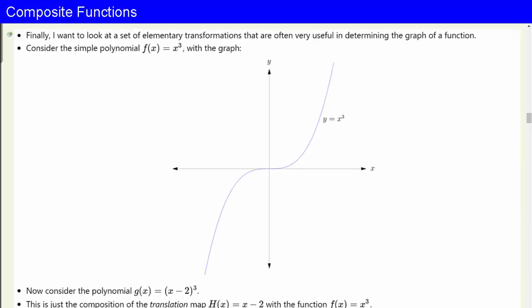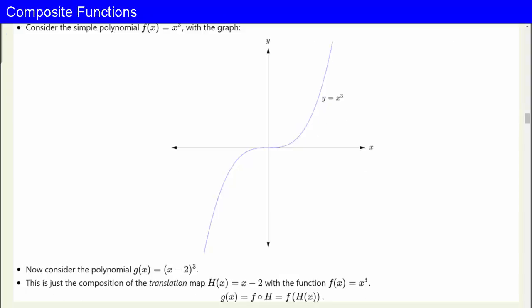Finally, I want to look at a set of elementary transformations that are often very useful in determining the graph of a function. Consider the simple polynomial f of x equals x cubed, which has the following graph. Now consider the polynomial g of x equals x minus 2, quantity cubed.